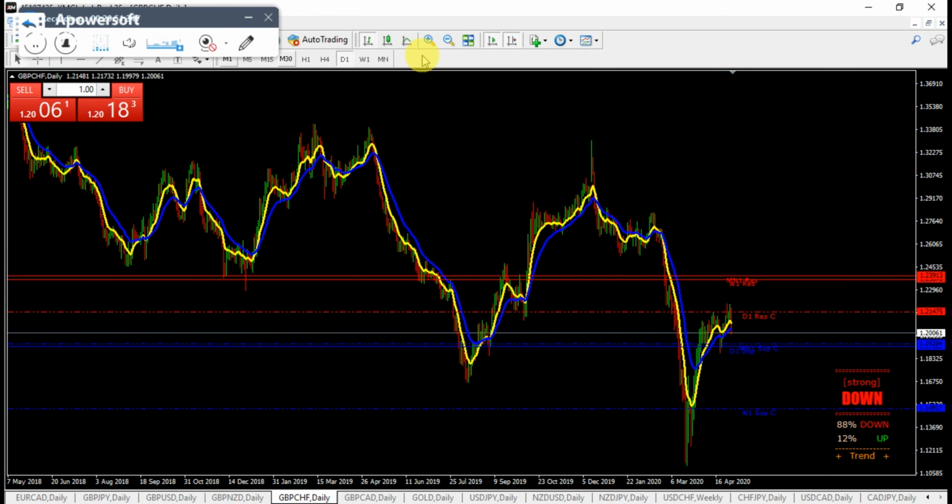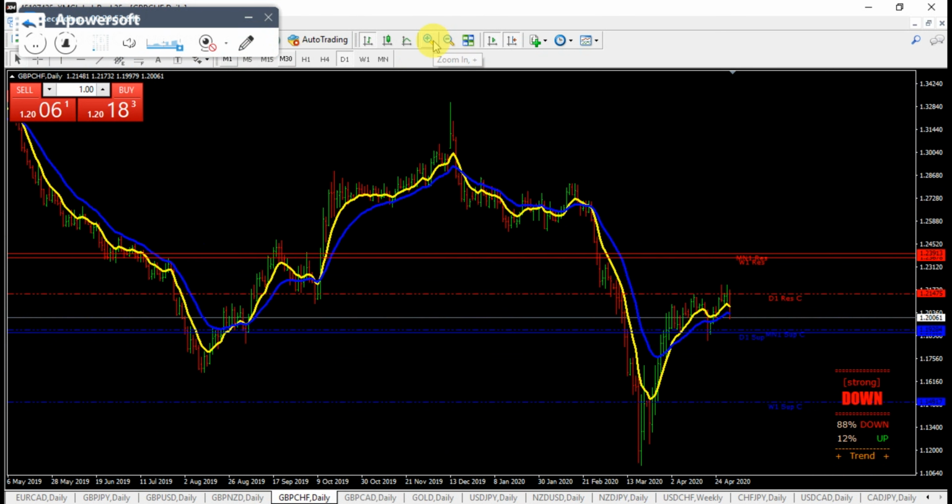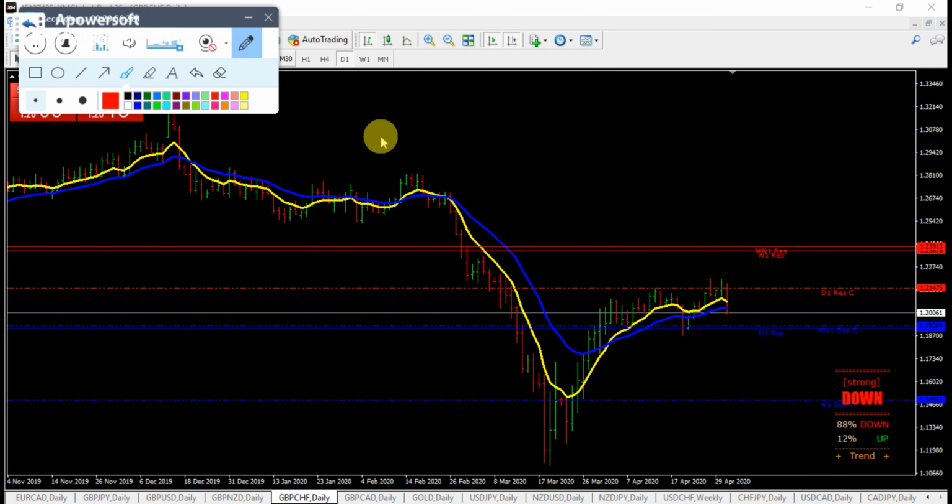What I'm expecting is that this pair will go up. I'm already in a buy on GBP CHF. What I'm waiting for is for it to come down to at least this level, and then it's going to be up for longer. This is one of the pairs that, if you hold it for the long term, gives you about a 1000 pip trade, but it's not going to happen in one day or one night. It will take time.